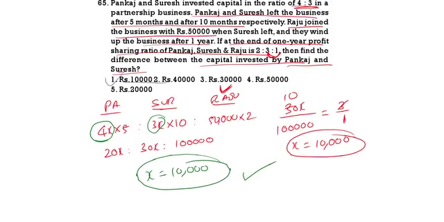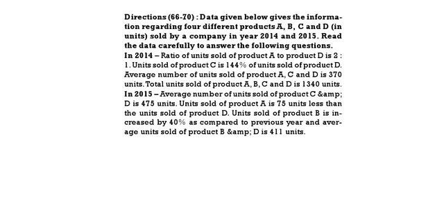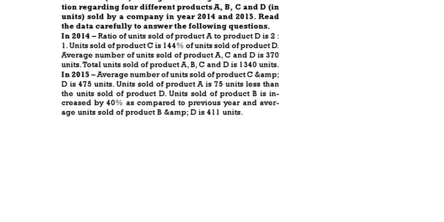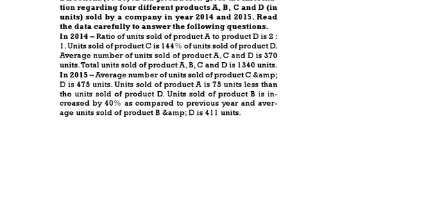See the next question. The data given shows the information regarding 4 different products ABCD sold by company in 14 and 15. Read the data carefully, then answer the question. In 2014, the ratio of the products A and D is 2:1. Units sold of C is 144% of units sold of D. Average number of units of ABCD is 1340 units.